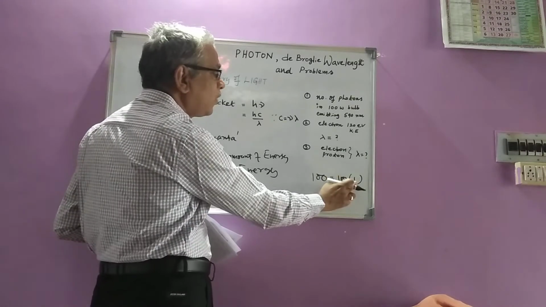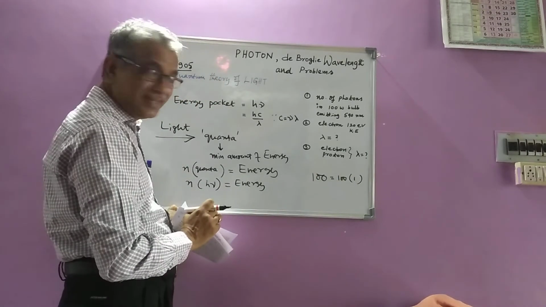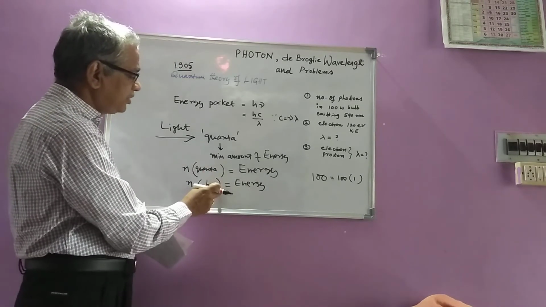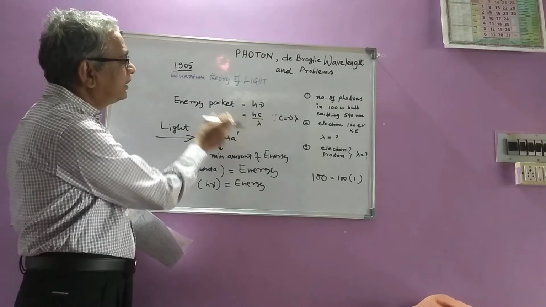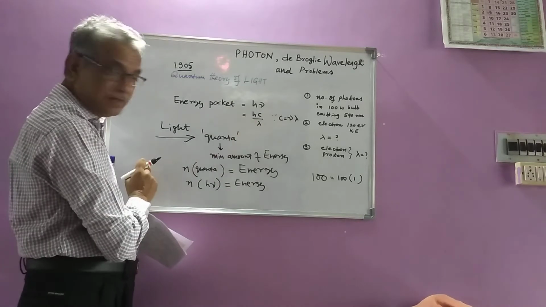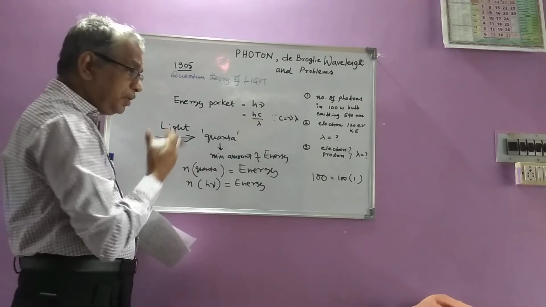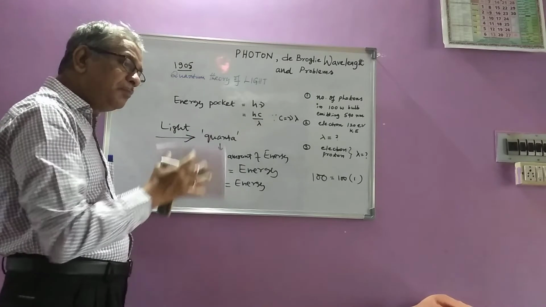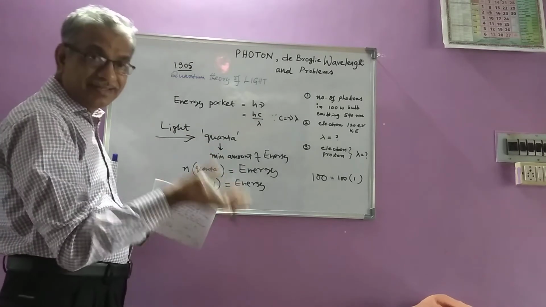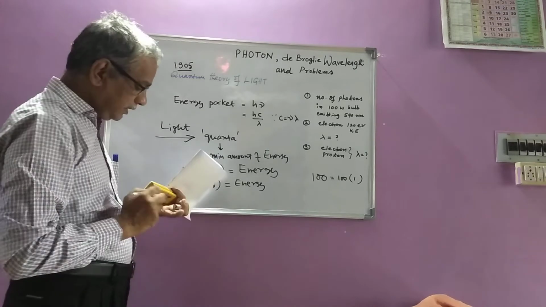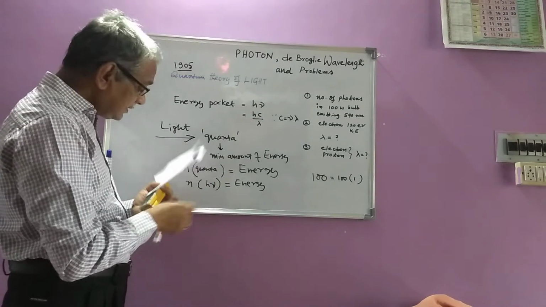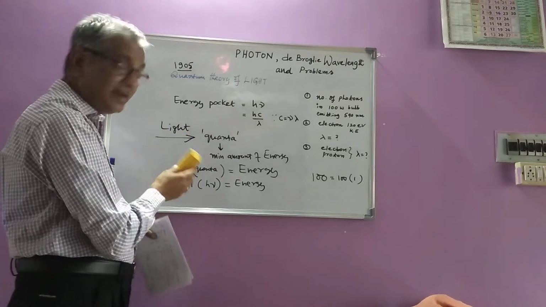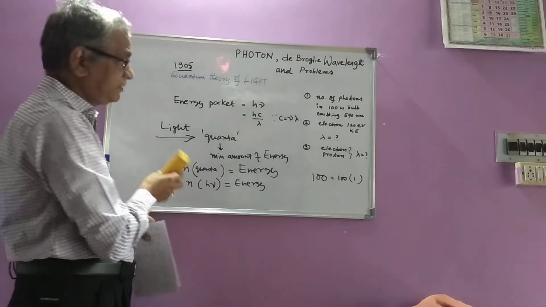So n quanta of rupees, like that. Here n quanta means energy pocket, that is equivalent to h nu or hc by lambda. To talk about any energy, that can be told in terms of number of quanta of energy. Now this nicely Albert Einstein adopted and explained the photoelectric effect concept.